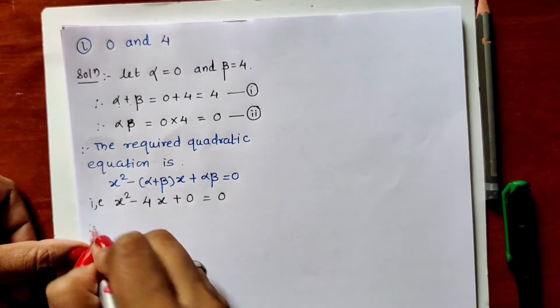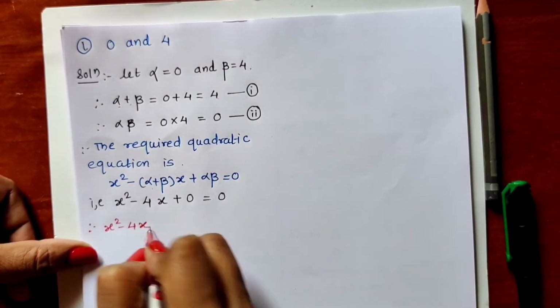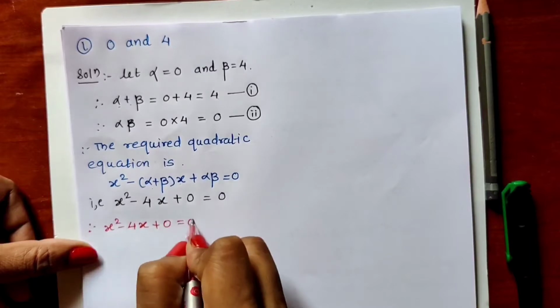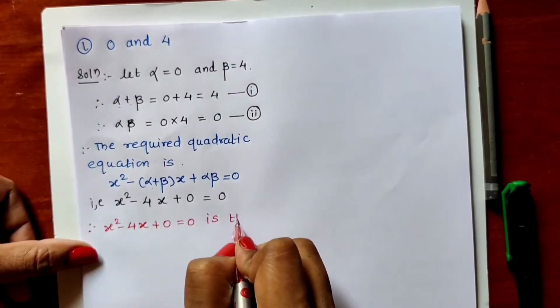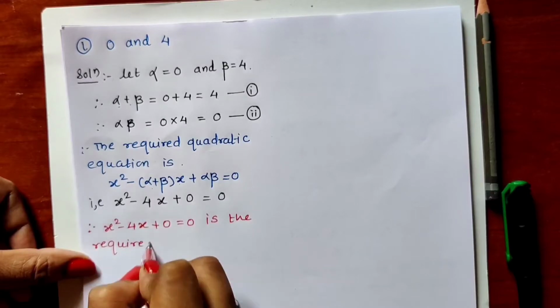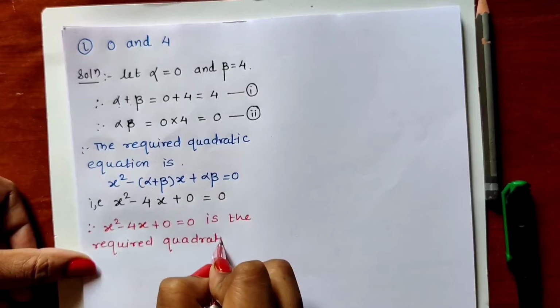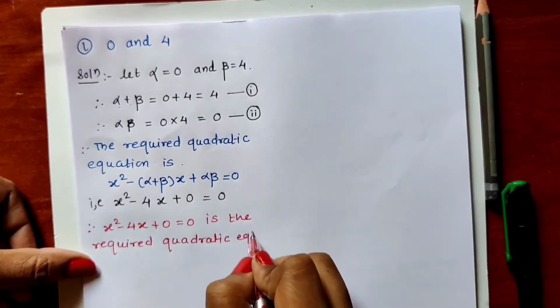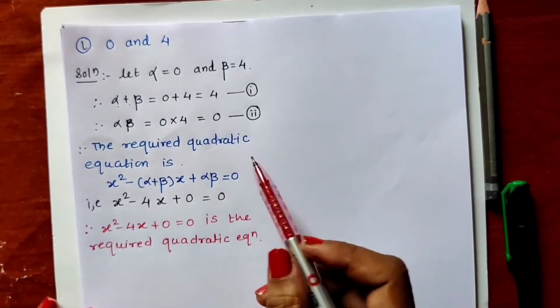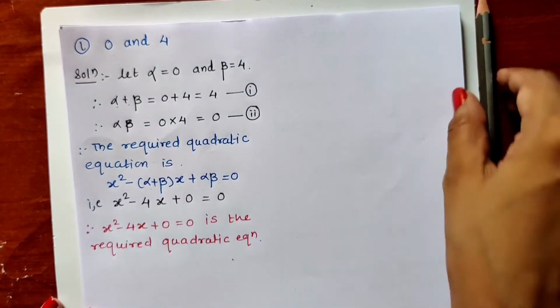Therefore, once again we will write, therefore x square minus 4x plus 0 equal to 0 is the required quadratic equation. So in this way, when two roots are given, we can find out the quadratic equation. Let us solve the second sum.